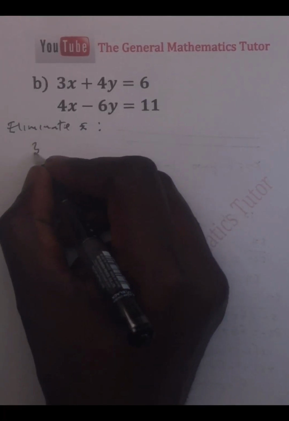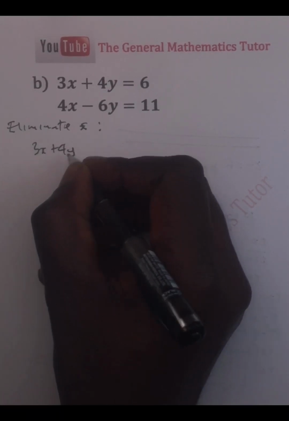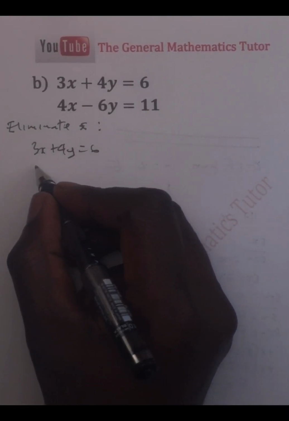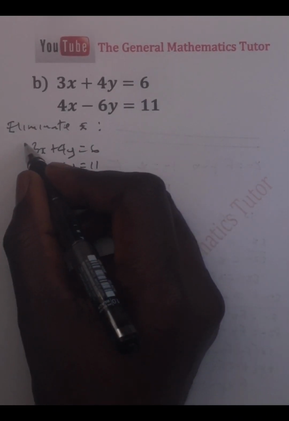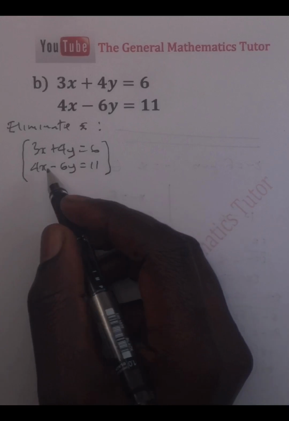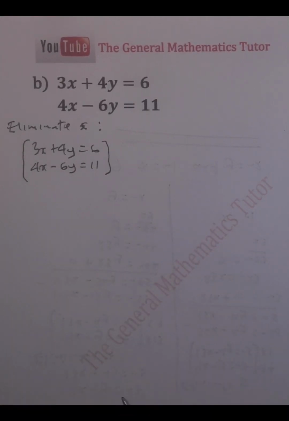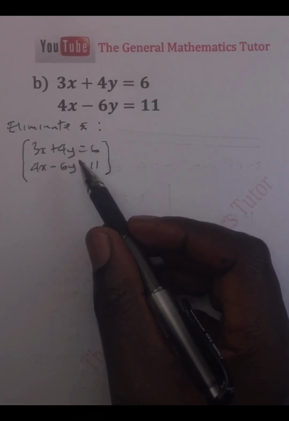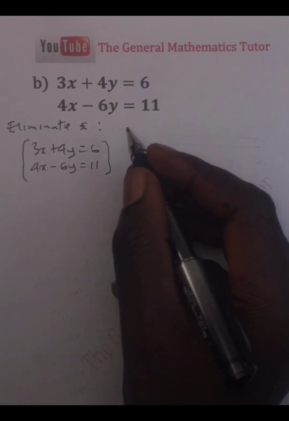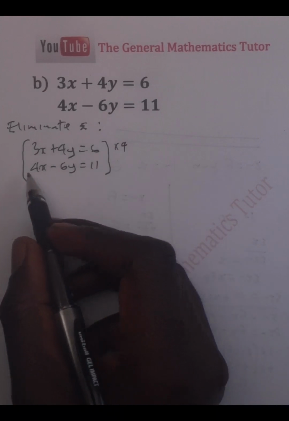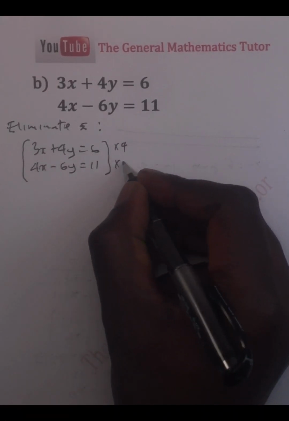So all we have is 3x plus 4y is equal to 6 and 4x minus 6y is equal to 11. So for us to make the two coefficients the same, we cross multiply by those coefficients that are there. So it means we'll multiply the first equation by 4 and then multiply the second equation by 3.